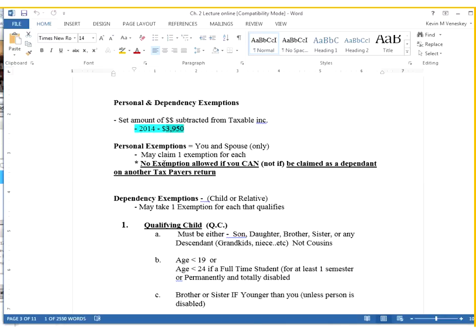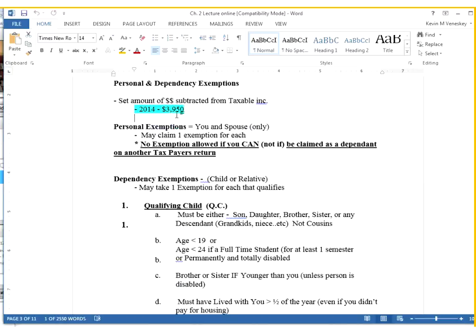So you're going to type in, leave off the $, leave off the comma, just type in 3950 as your second answer for the dependent question, for our assignment question today in the polling area. For every person that you claim and put down as a dependent, you get to take an extra $3,950.